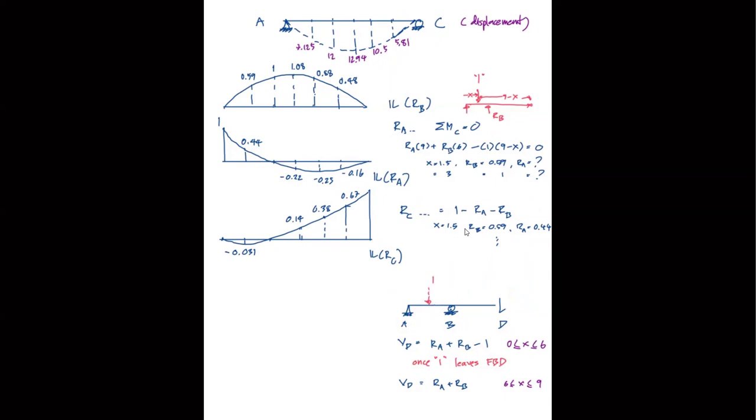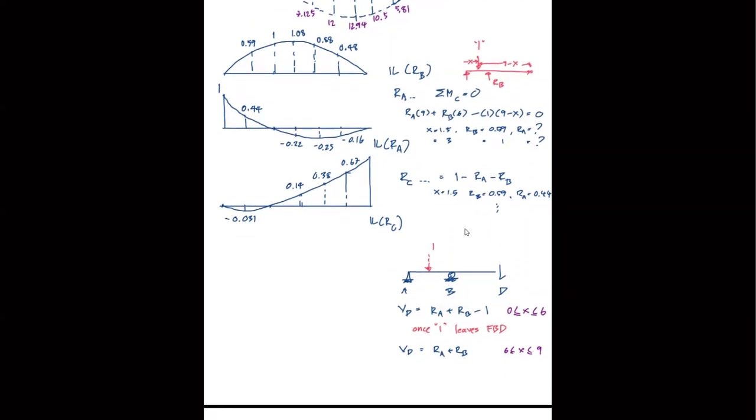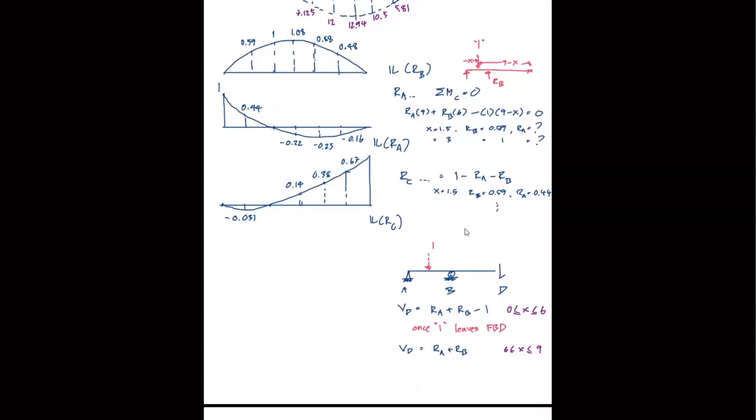Any question? So, in a nutshell, the influence line will look like this. Okay. This is 0.031.